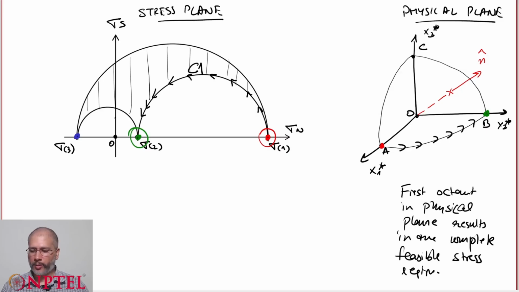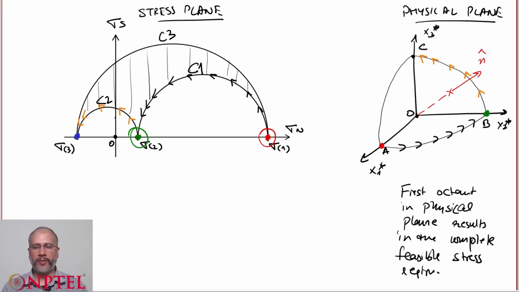Similarly, if I talk about moving from point B to point C in the physical plane, that results in the movement from point sigma 2, that's the green one, to the blue one in the stress plane. So let's call this C2 and this is C3.